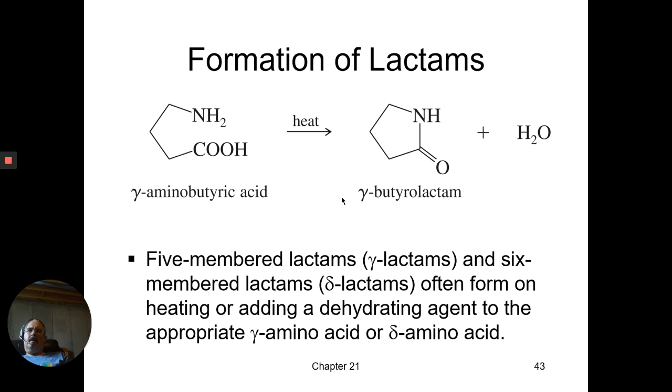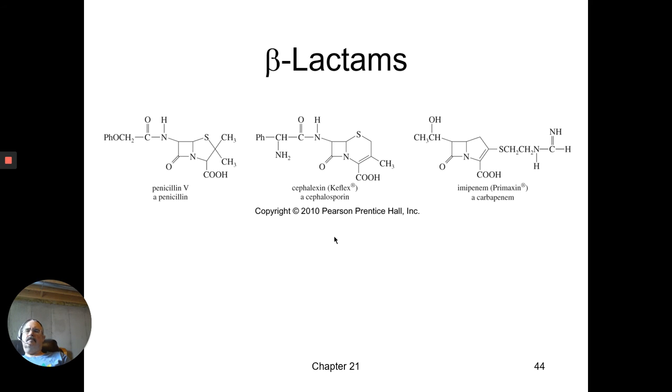We can form lactams from amino carboxylic acids. And again, the easiest ones to form are the 5 and 6 membered rings. I mentioned earlier beta lactams. This is an important moiety in penicillin and cephalosporin type antibiotics.